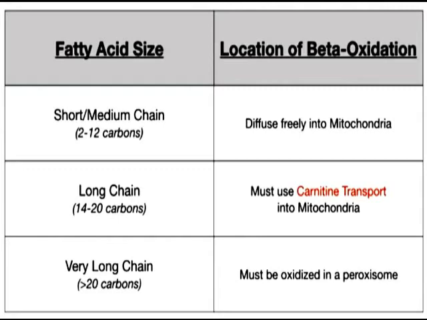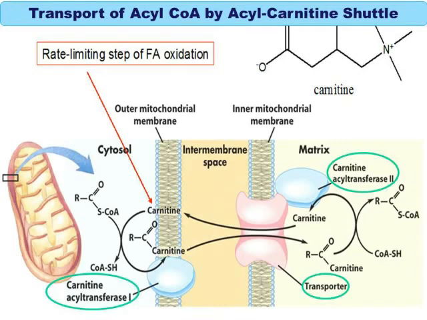Very long-chain fatty acids, that is 22 or 24 carbon fatty acids, are oxidized in peroxisomes. Long chain fatty acids can cross the outer mitochondrial membrane through pore channels but cannot cross the inner mitochondrial membrane.